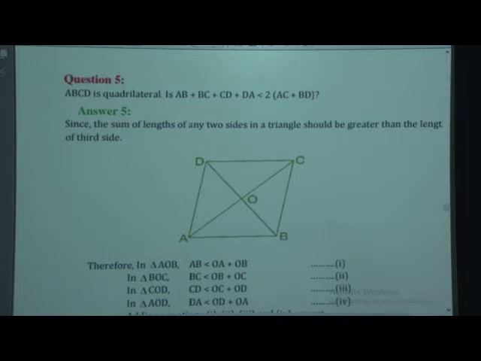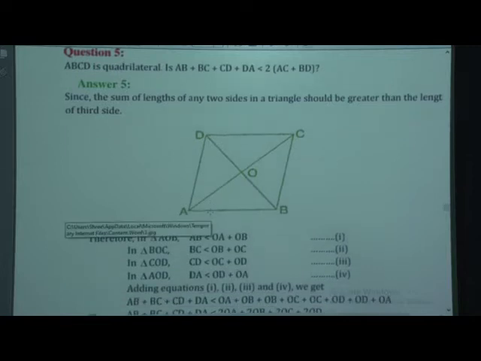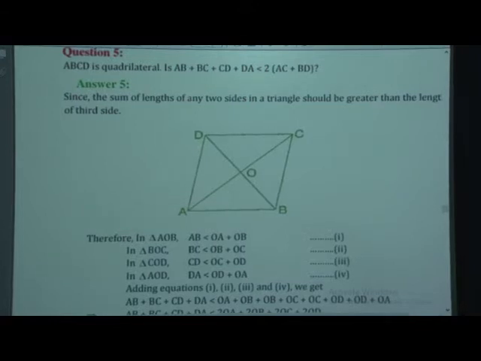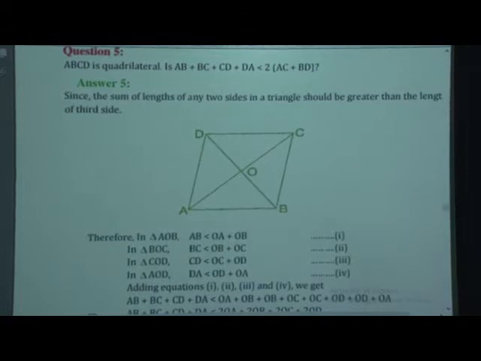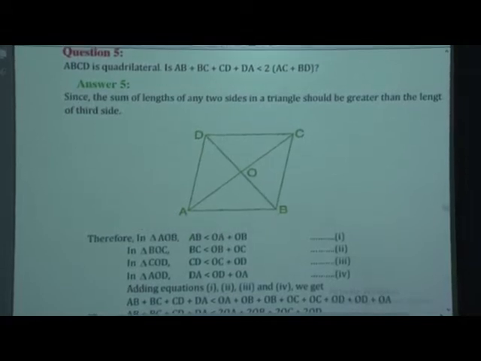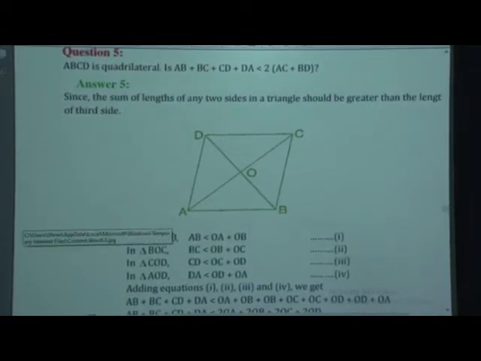So here, by seeing the figure, by considering one triangle, we have to write an equation. Therefore in triangle AOB, we are considering this triangle, then one by one we will consider all the triangles.